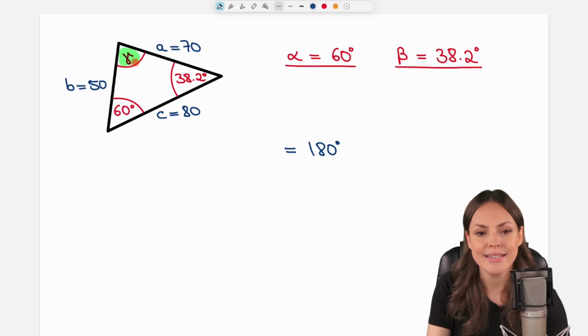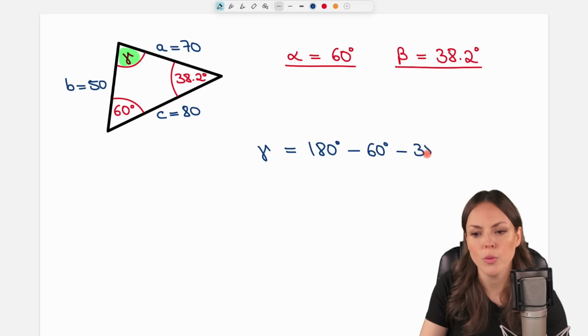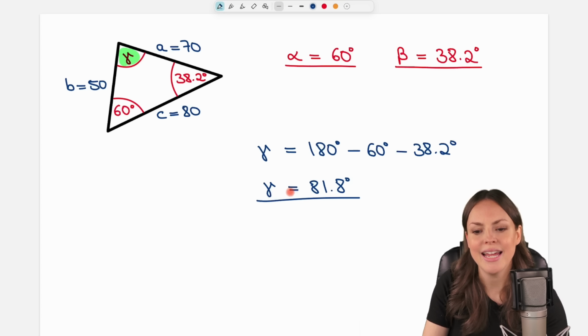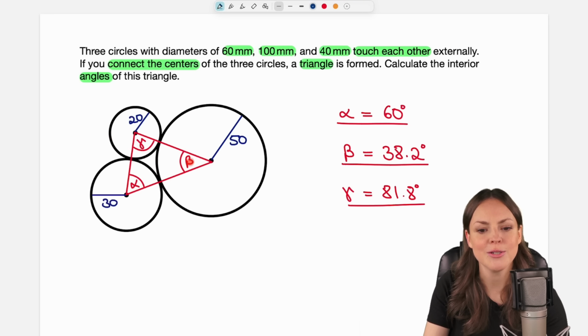So to find gamma, I can just take the 180 degrees and subtract my two angles, the 60 degrees and the 38.2 degrees, and then I find my gamma, which is 81.8 degrees. And now I found all three angles and solved this problem.